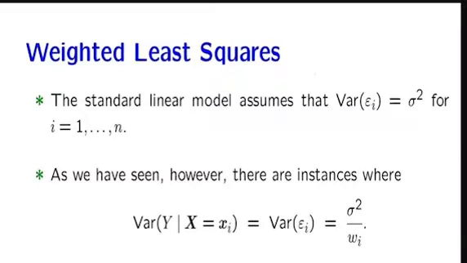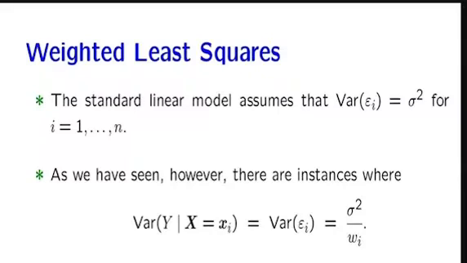Now, let me come to weighted least squares. What was the assumption in the standard linear model? The variance of the error must be sigma squared, right? Not only the variance of the error, of course, the variance of y given x has to be sigma squared. So we expect the variance of the error to be constant.